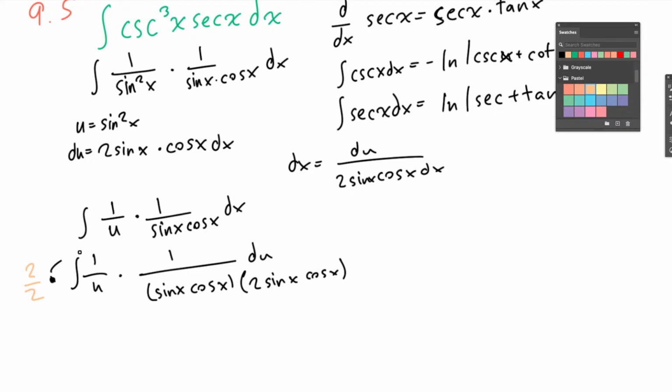Since constants go inside, it becomes 1 over u times 2 over 2 sine x cosine x times 2 sine x cosine x, right?